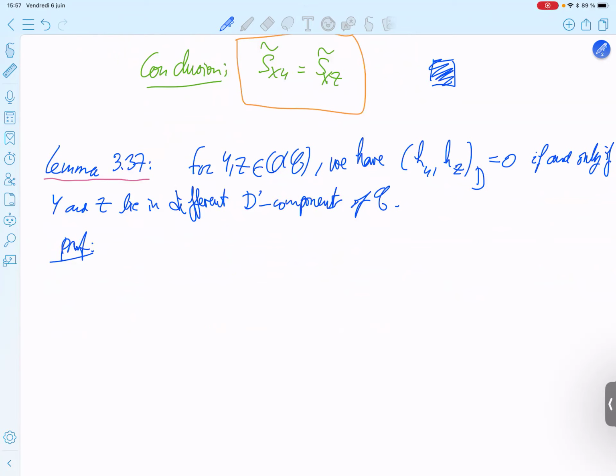Okay. So you fix one simple object, and you suppose you take another one which is not in the same component, like in a different component.